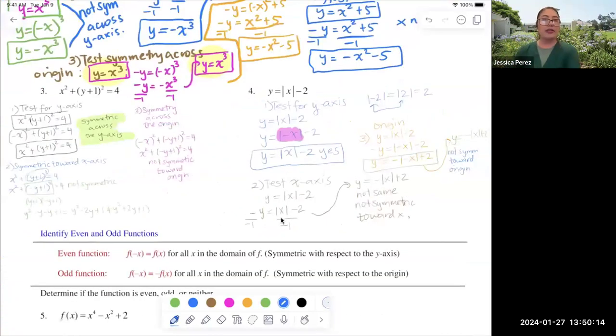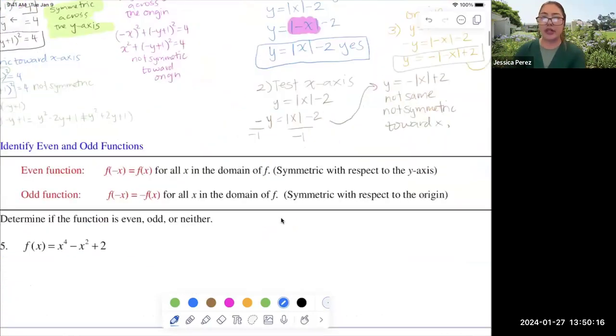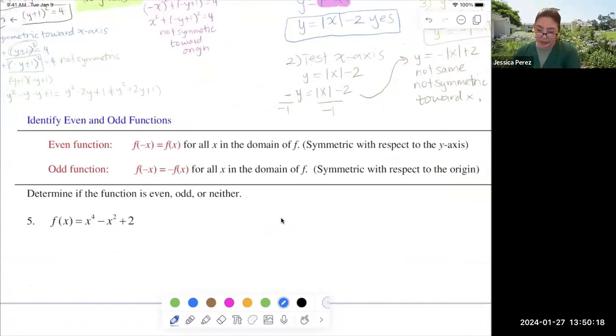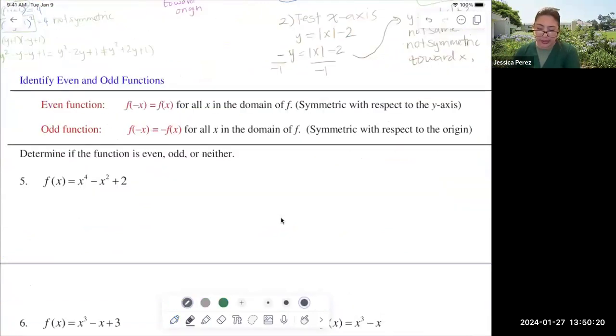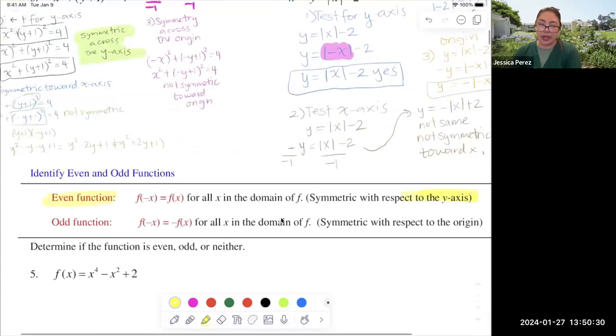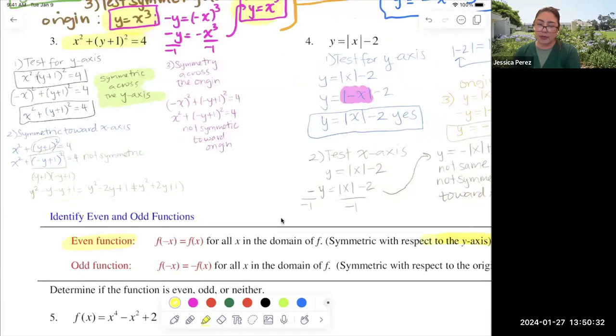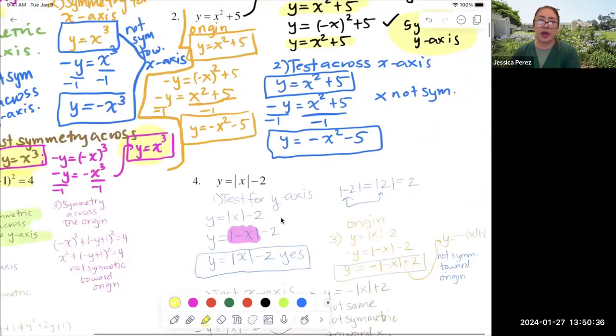So symmetry goes along into identifying even and odd functions. You're automatically an even function if you are symmetric across the y. So if, for example, I already know this one and the one up top, they're both even functions because they're symmetric towards the y.